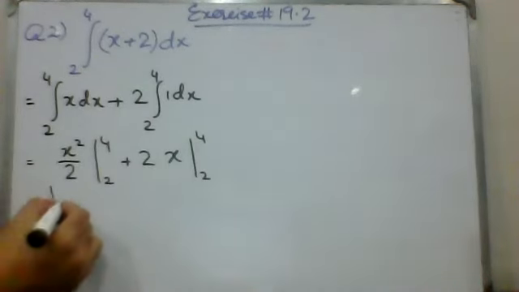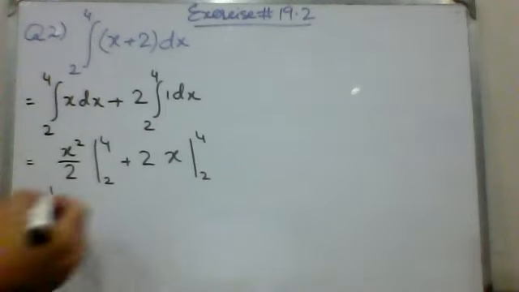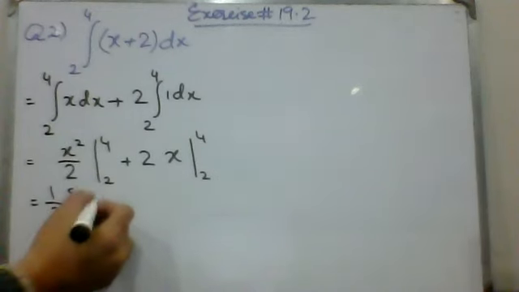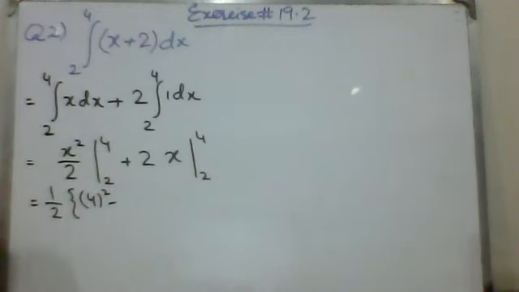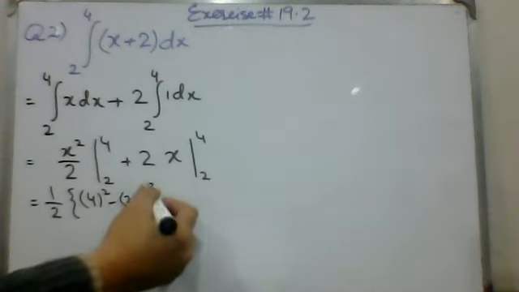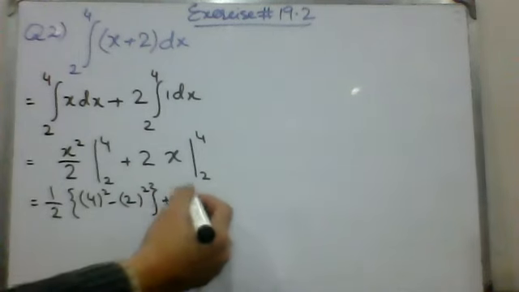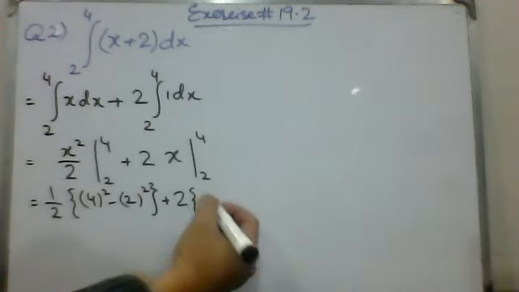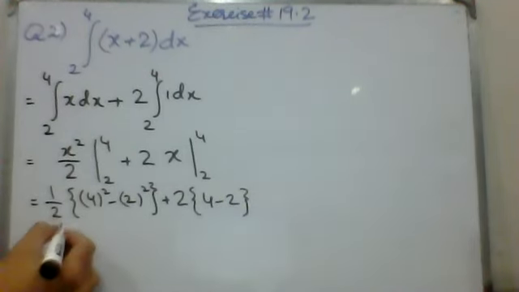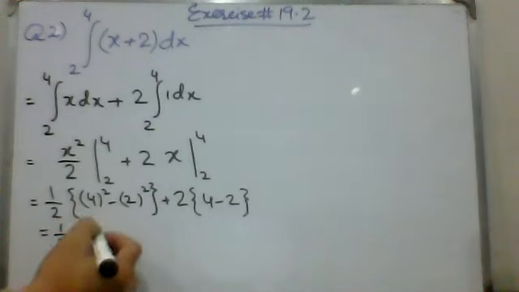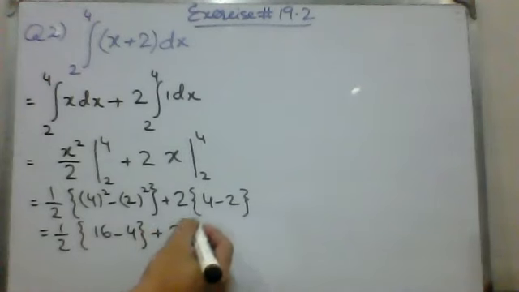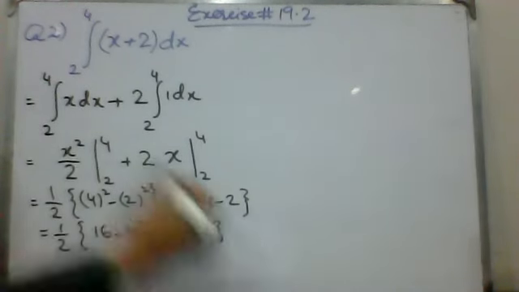In the place of x we put first 4, that is 4 square, then a negative sign, and we put 2 square, bracket closed, plus 2 times (4 minus 2). So 1 by 2 into (16 minus 4) plus 2 into 2.